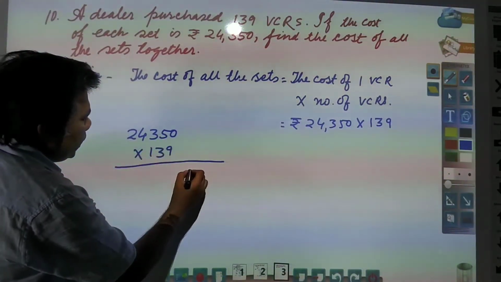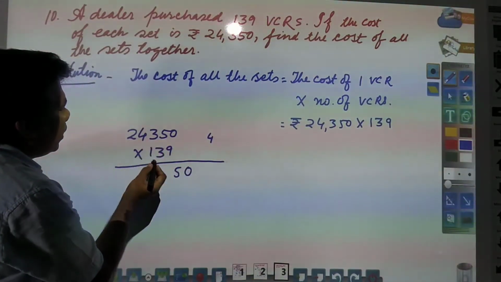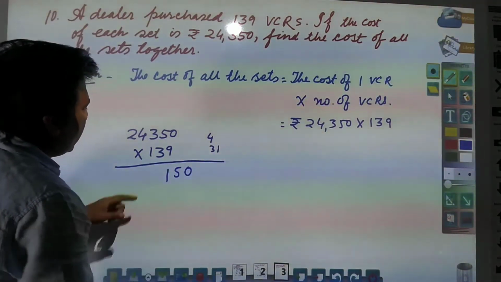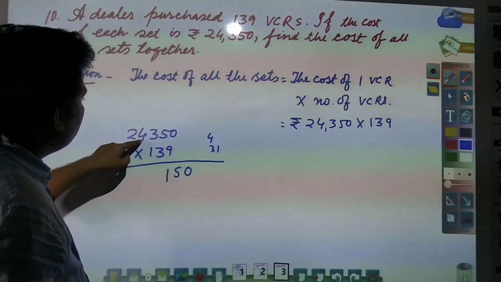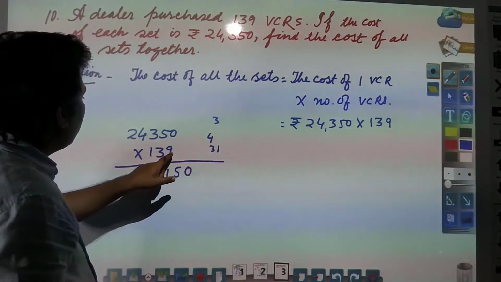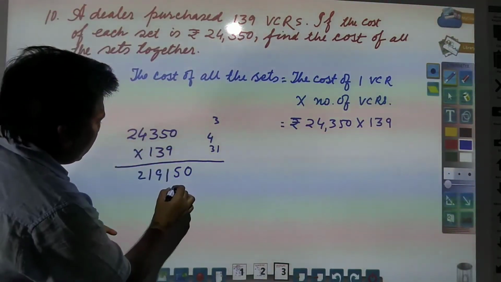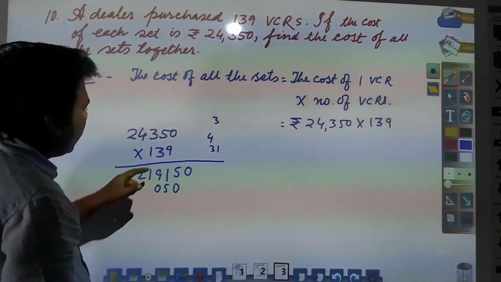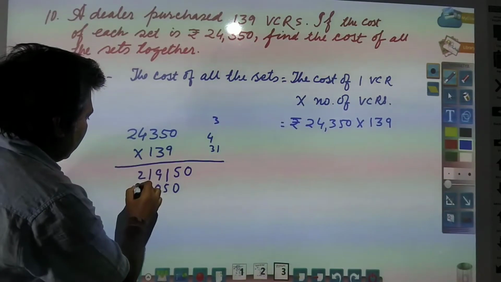This will be 0, 9 5s are 45, 4 you have, 9 3s are 27, and 4 is 31, 1 you have written, 9 4s are 36, and 3 is 39, again 3 you have, 9 2s are 18 and 3 is 21. Then you have 3 0 0, 3 5s are 15, 1 you have, 3 3s are 9 and 1 is 10, again 1 you have, 3 4s are 12 and 1 is 13, 1 you have, 3 2s are 6 and 1 is 7.